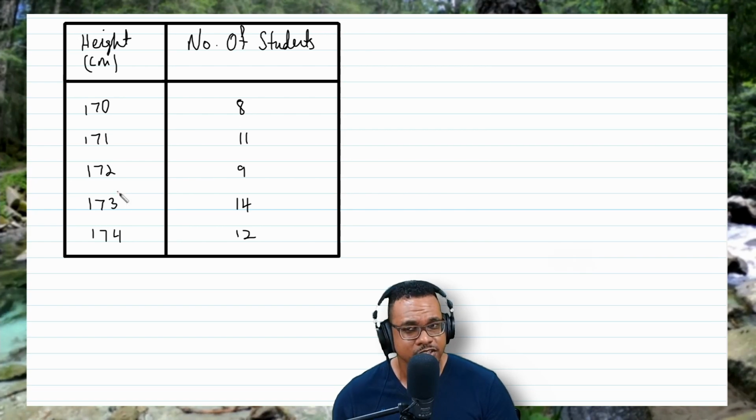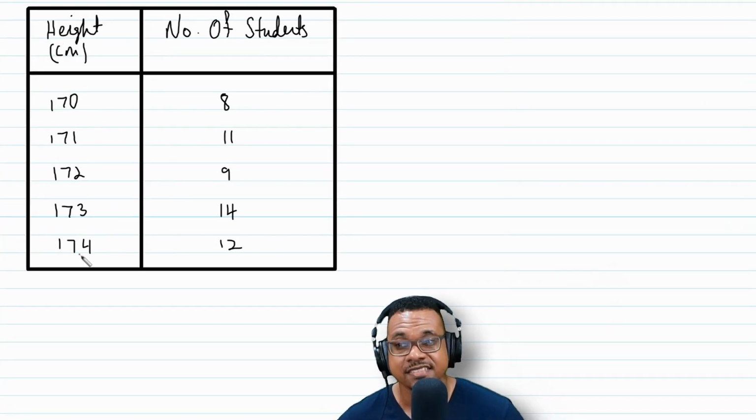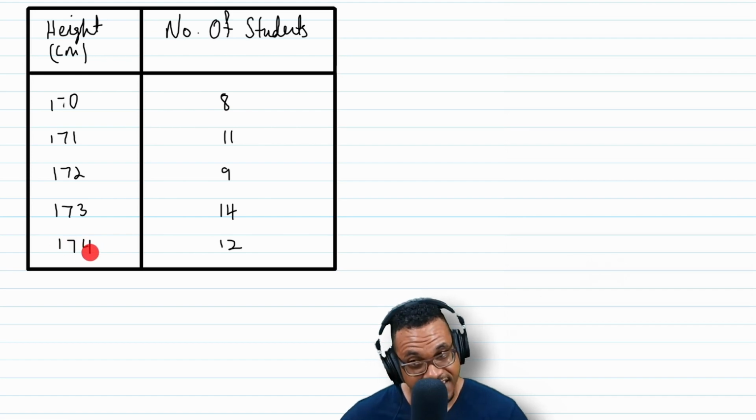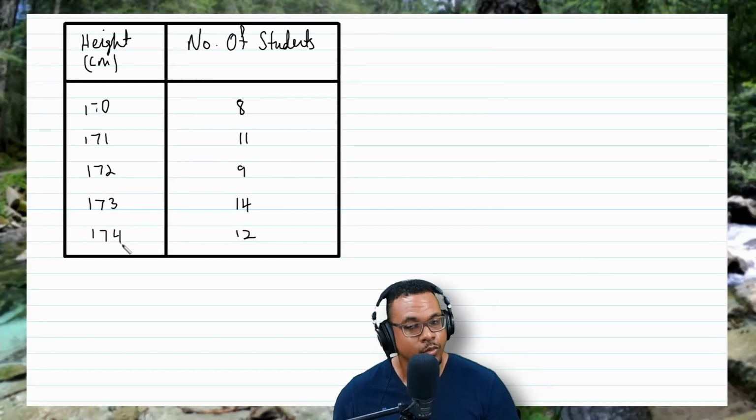Of course, approximations would have been used to make this table, and therefore the range is not going to be the highest take away the lowest, 174 take away 170. What we need is the highest upper class boundary. So you go 0.5 more than the highest, which is 174.5. Take away the lowest lower class boundary.